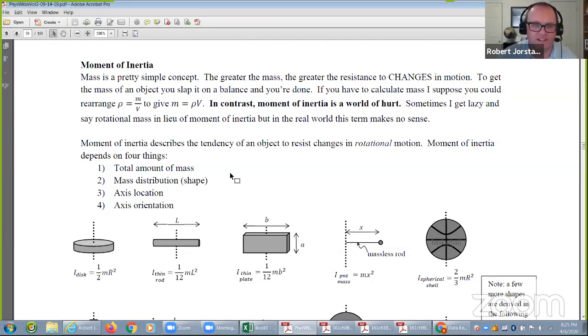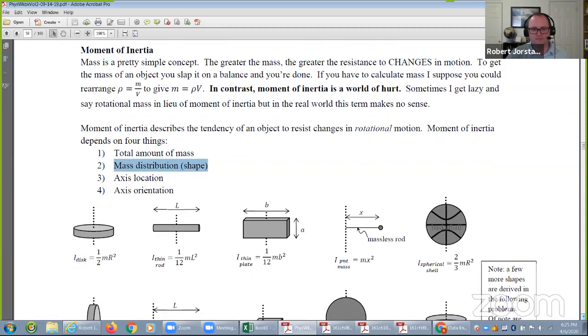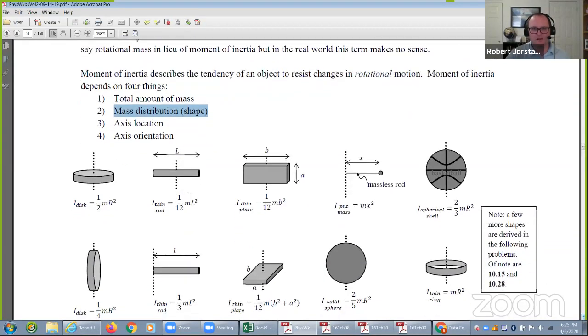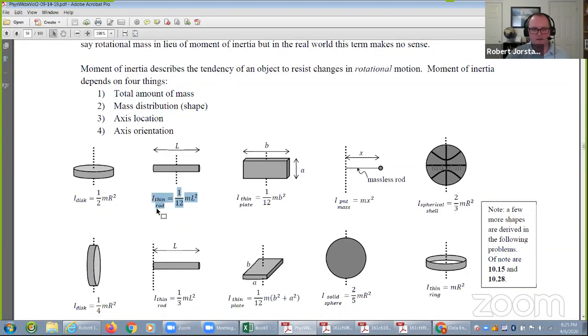All right, let's get to this. Moment of inertia depends on 4 things. Obviously, it depends on the amount of mass. The bigger mass you have, the harder it is to rotate. But it also depends on the shape. If I could look at this shape right here versus this shape right here.